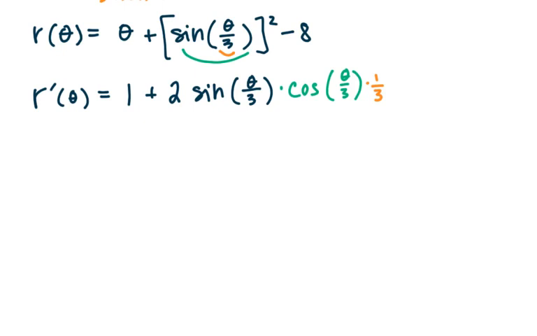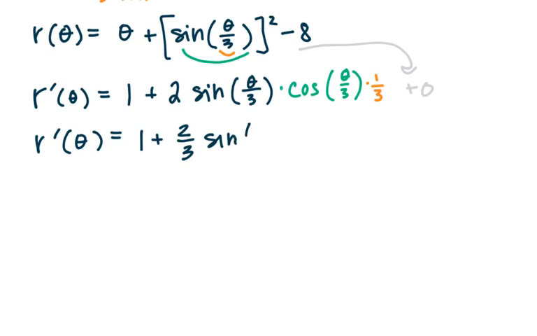And then the derivative of that 8 value would be 0. So what I have here for my derivative, I'll just clean my notation up a little bit. r prime of theta equals 1 plus 2/3 sine theta over 3 cosine theta over 3.